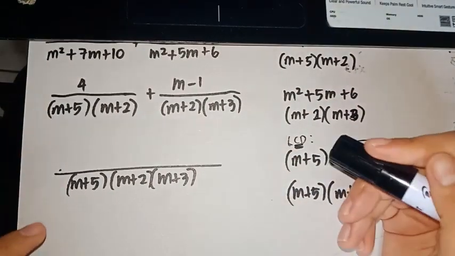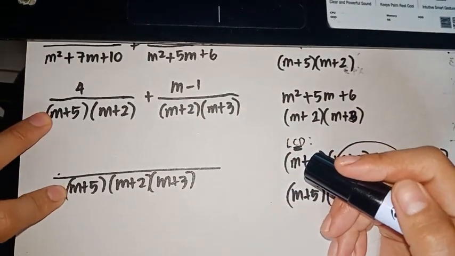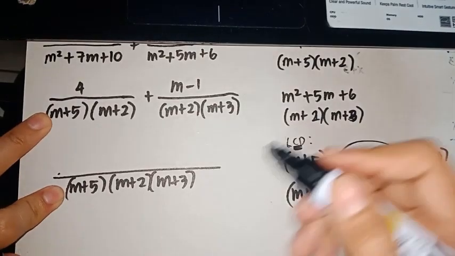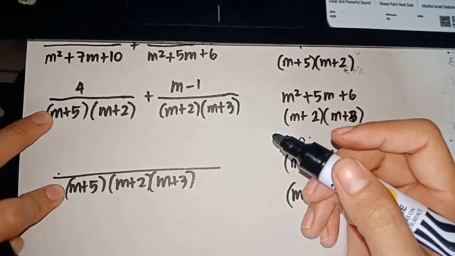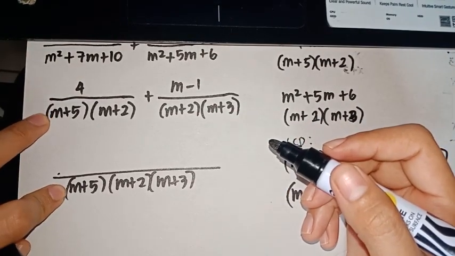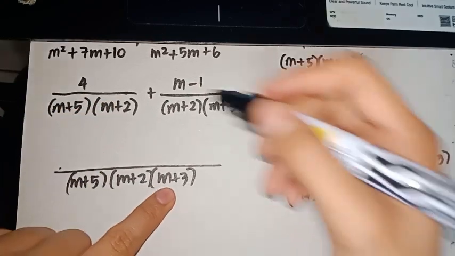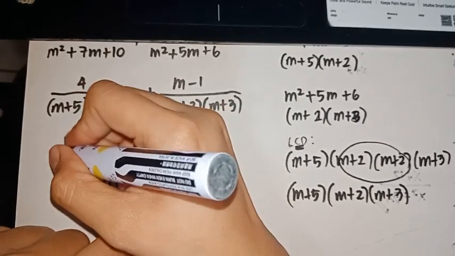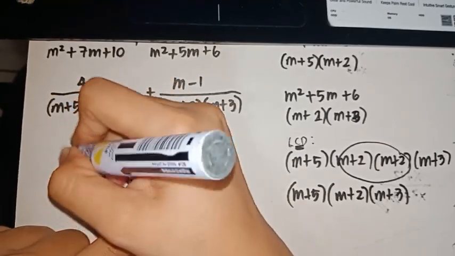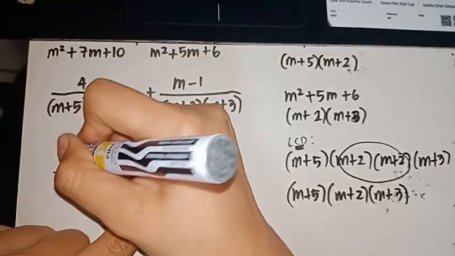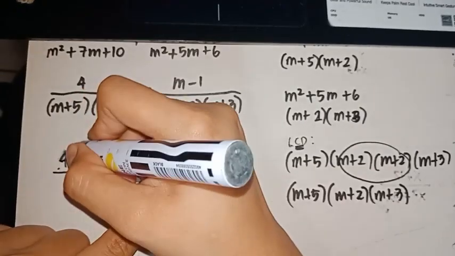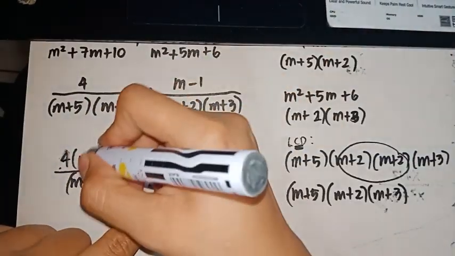Okay, next. This one and this one, divide. Of course, when we divide, common factors will be cancelled out. So this will be cancelled out. We are left with m plus 3. So we have 4 times, sorry about that, m plus 3.